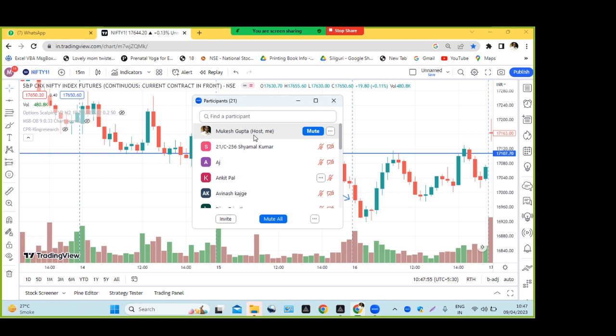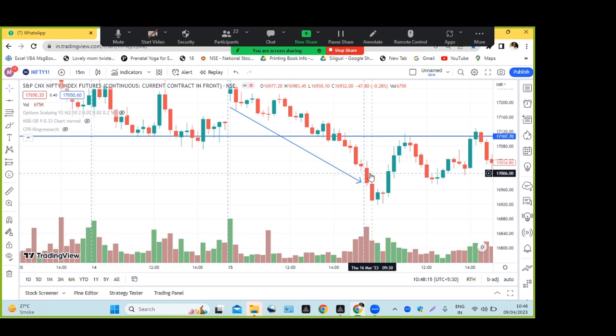Okay, now let's consider this candle. The first candle we will not trade, the first 5 minutes, because in the first 5 minutes there are always BTST and other such trades happening. So remember, try to wait for some time, and if you are a new player, always wait for at least half an hour so that the market could settle.